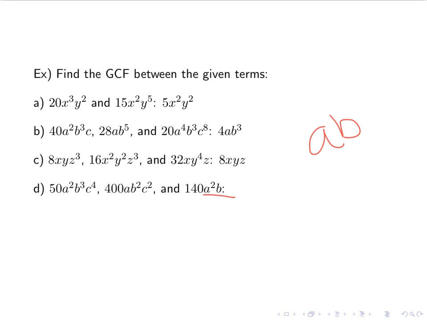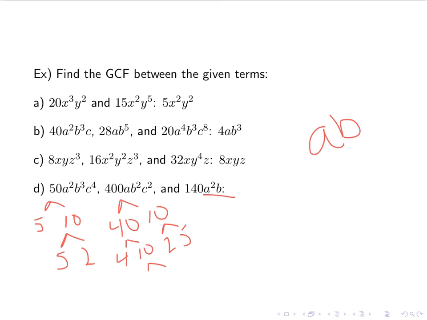And now we'll look at our coefficients. So 50 is 5 and 10, and 10 is 5 and 2. 400 is 40 and 10. 10 is still 2 and 5. 40 is 4 and 10. We have another 2, 5.